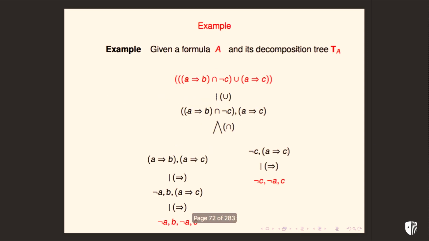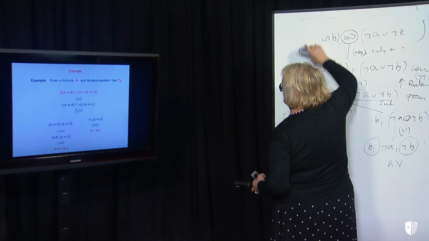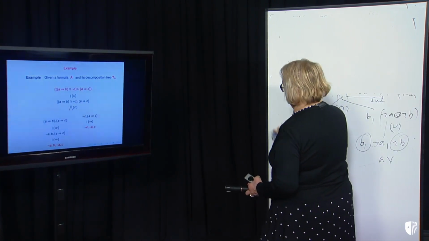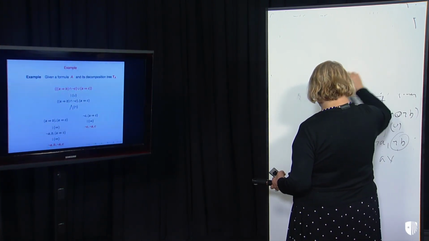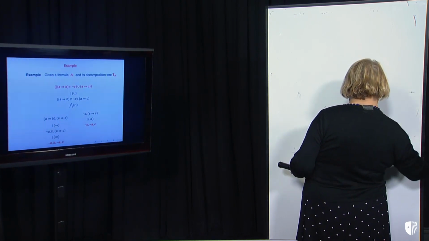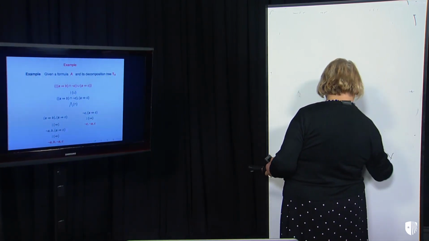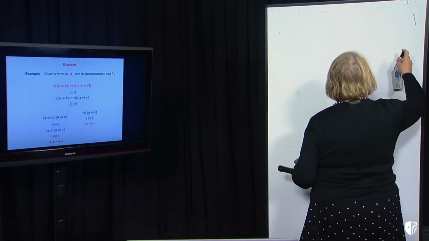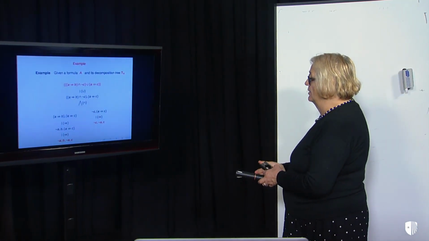Now the next: what happens when you have this tree? Now we have this tree, which we built, that decomposition tree, and that decomposition tree is unique and finite and has a non-axiom leaf.